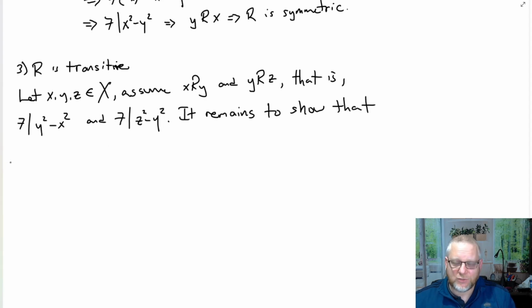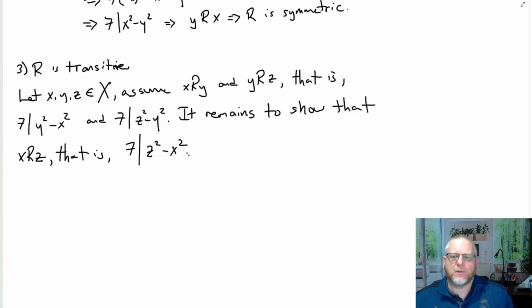Well, I've got x is related to y and y is related to z. I need to show that x is related to z. That is what? Well, what would be the definition of that? 7 divides z squared minus x squared. So z squared minus x squared is what I'm interested in.